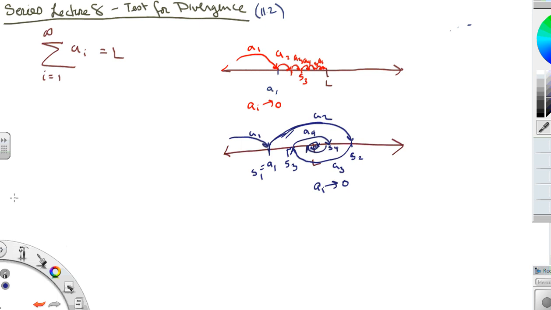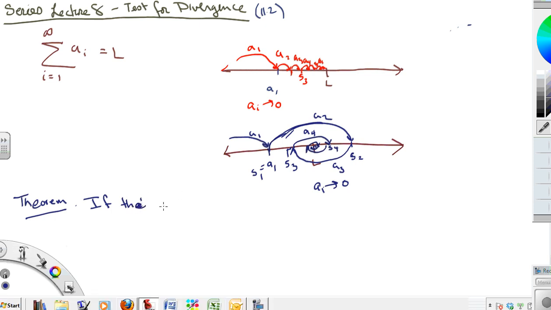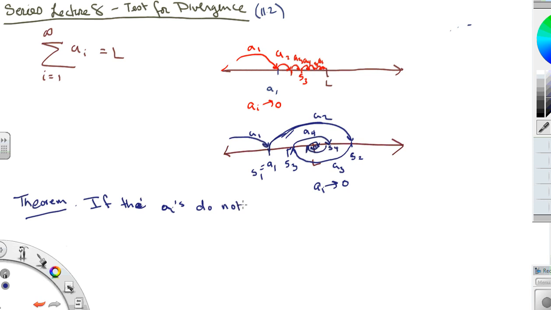In fact, the first theorem we have about convergence, well, the second. The first has to do with geometric series, but the second is that if the A_i's do not go to 0, then this series, the sum from i equals whatever you want to infinity of A_i, diverges.